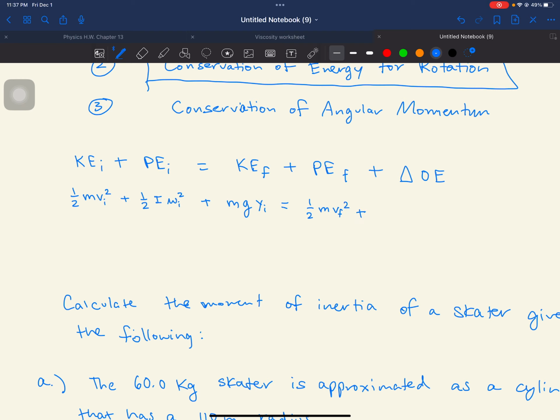As well as if there's rotational kinetic energy, it'd be 1/2 I, where I is the moment of inertia, omega final squared, as well as the change in OE, or the change in other energy, which is 0 for our problem, because a change in other energy consists of thermal, chemical, and nuclear energy, which our problem does not consist of. So we would have a value of 0 for the change in other energy.